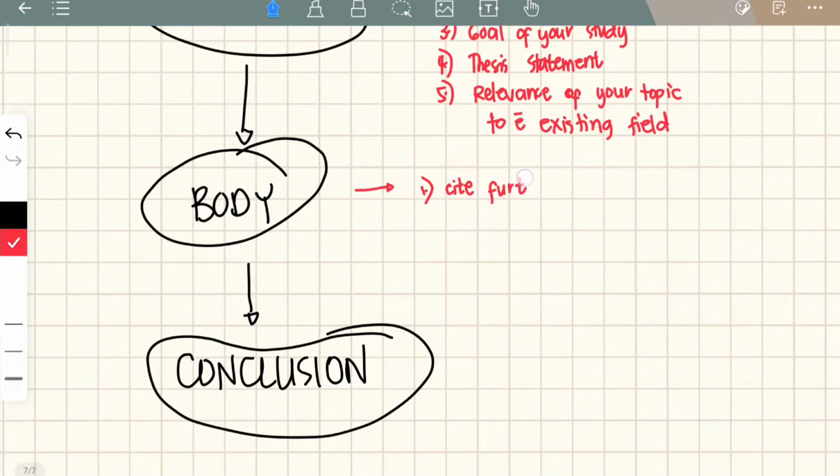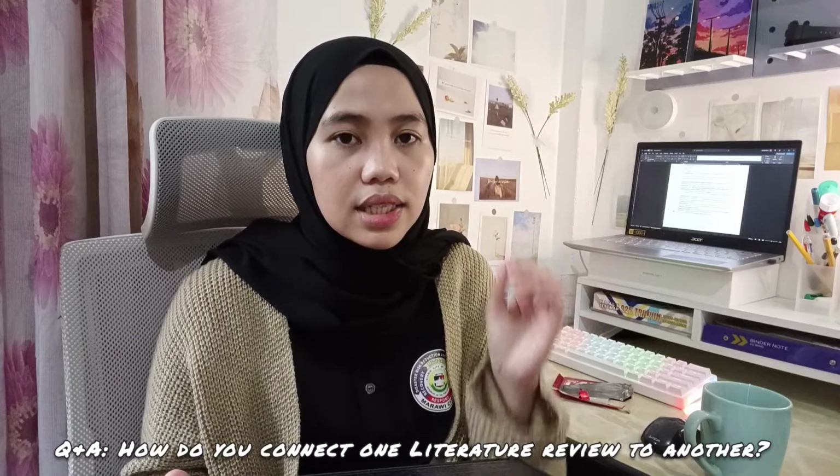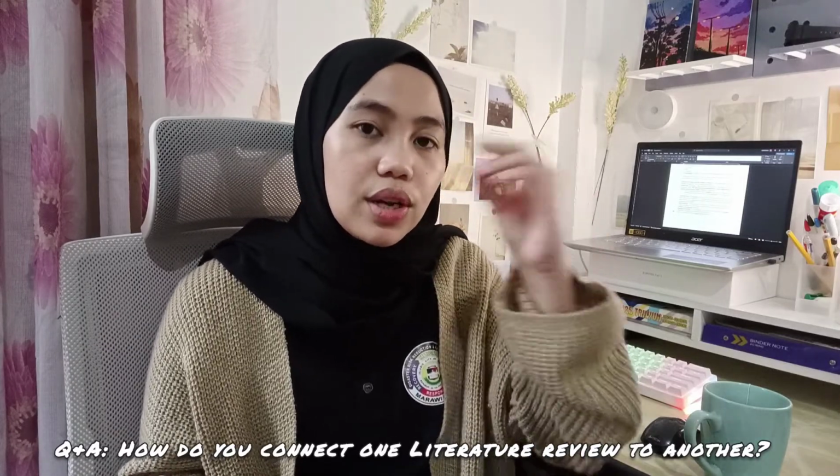I want you to remember two things when you want to write down the body of the background of your study. First is, you have to cite a relevant literature review about the assumption you made in the opening paragraph. Ang tanong dito is, paano ka ba makaka-connect ng isang literature review to another?